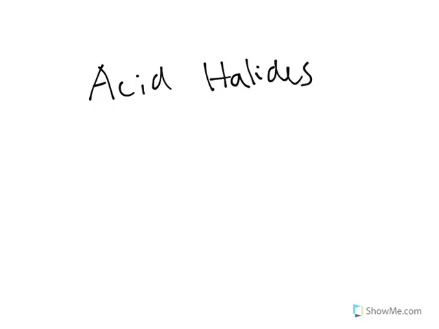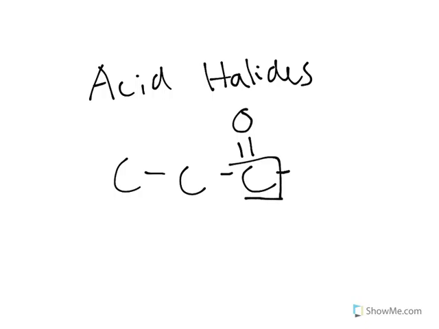Okay. So these ones are a little bit different in the sense that they do have a carbonyl group, but what's going to be bound on the other side of this carbon here is a halogen.